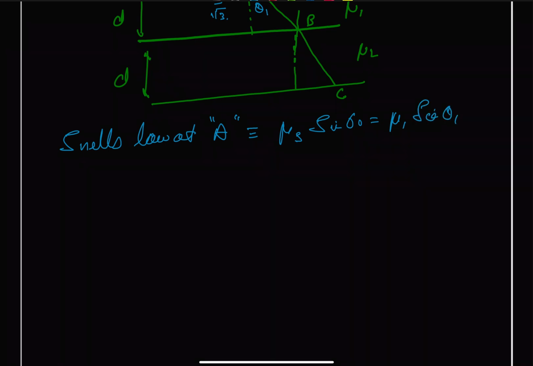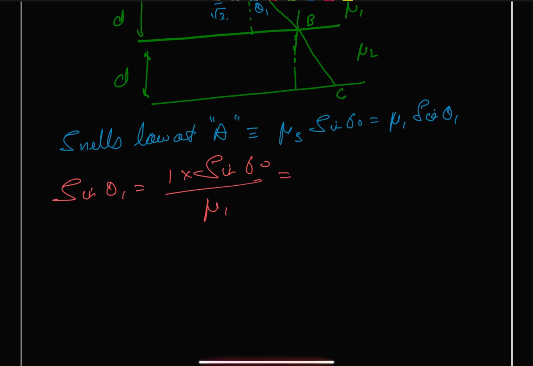Mu3 is 1, so sine of θ1 will be equal to 1 multiplied by sine of 60 divided by mu1.